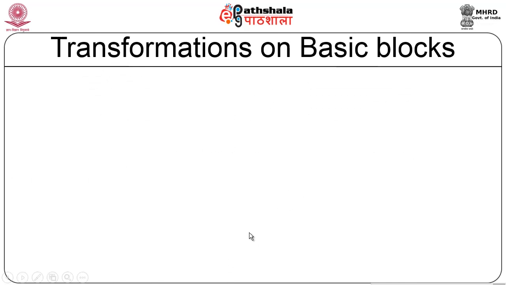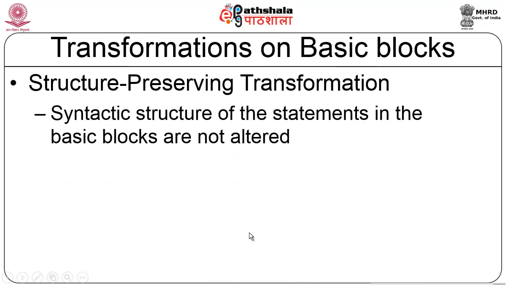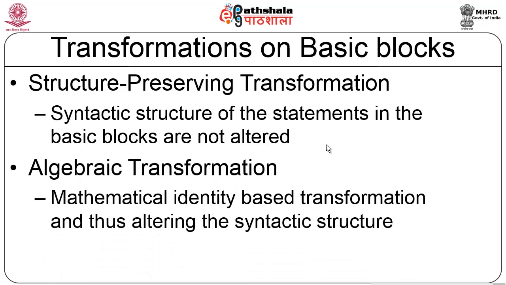The transformations are structure preserving transformations, where the syntactic structure of the statements in the basic blocks is not altered. Algebraic transformations are where the syntactic structure is altered, but it uses mathematical identity to preserve the semantics.